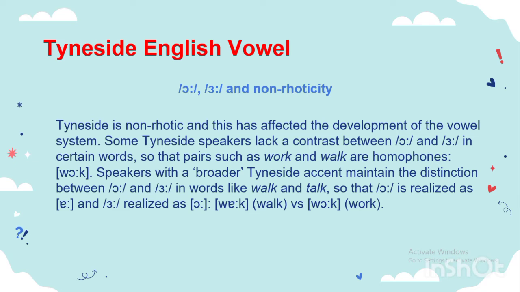Speakers with a broader Tyneside accent maintain the distinction in words like walk and talk, so that O is realized one way and A realized another: work, walk, work, work.